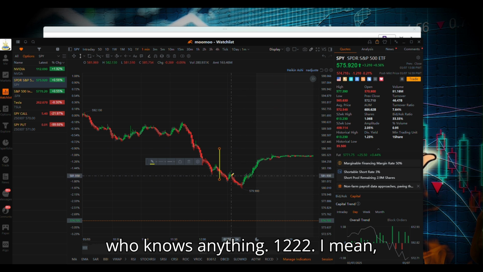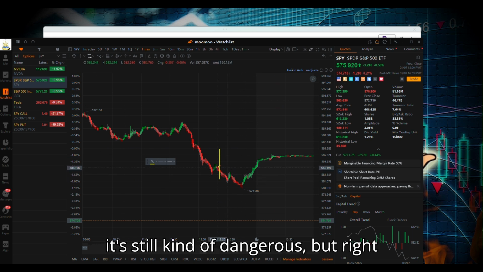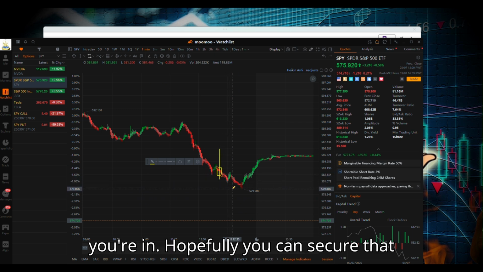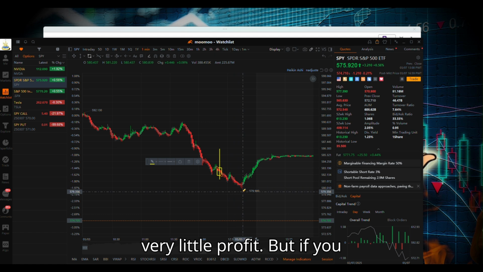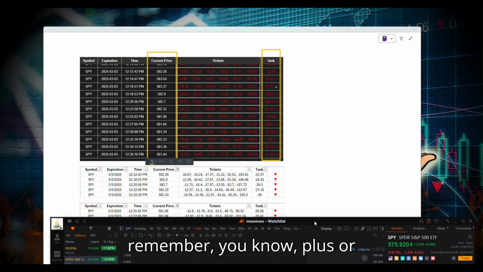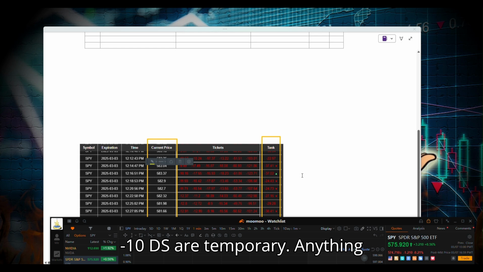It's still kind of dangerous, but right there, boom, 12:22, and you're in. Hopefully you can secure that very little profit, and if you do, good for you. I wouldn't hold it though, because remember, plus or minus 10Ds are temporary.